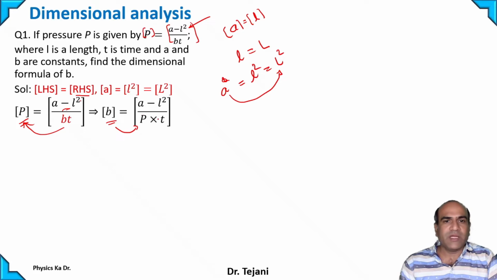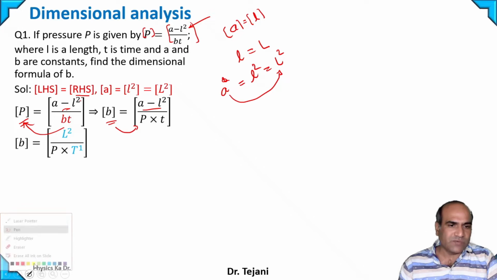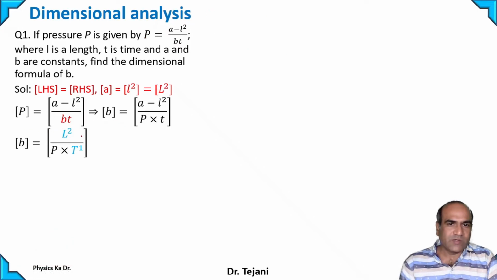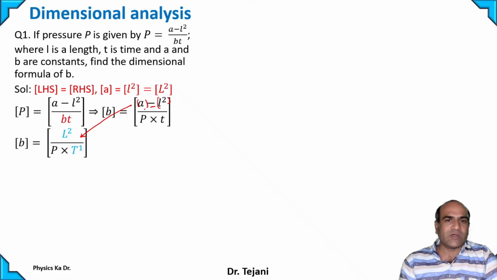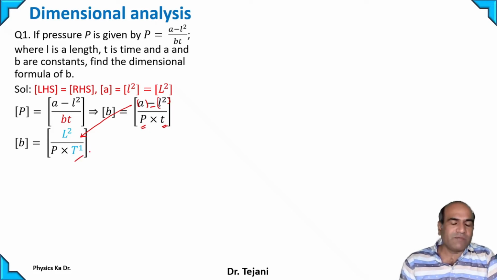So it becomes P, T, then next we have dimension of A minus L power 2. Yes, we already got it. So that is L square, because dimension of A must be equal to dimension of L squared. T, we have T power 1. We don't have it for the pressure.